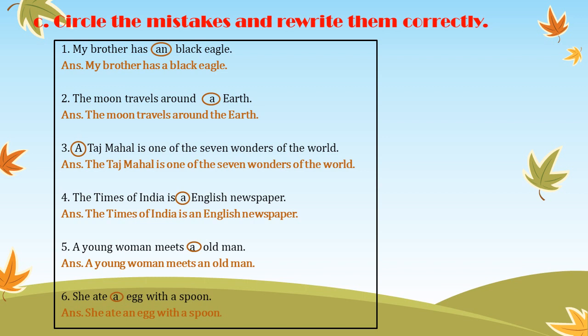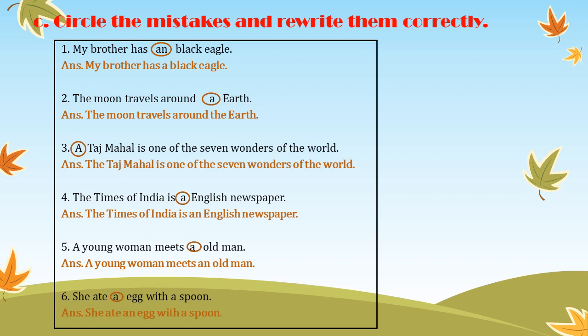Fourth is: the Times of India is a English newspaper. The first letter of English is E, which is a vowel, but in the question it is written A, while we have to use an here. So the answer is the Times of India is an English newspaper.